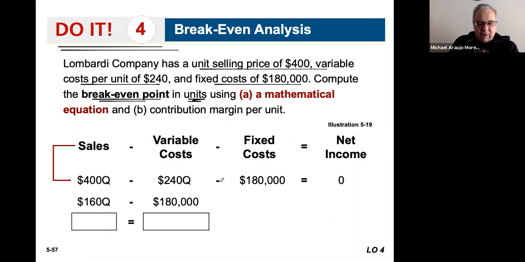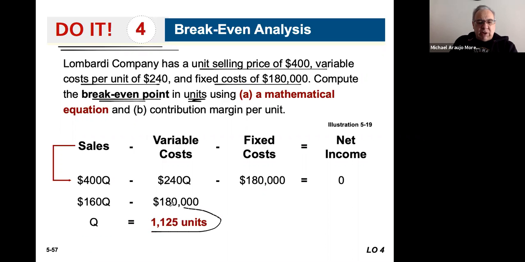Should be equal, right? So there's something wrong with the slide here, but nonetheless, that means that when you divide it, you'll need to produce 1,125 units. Again, units, in order to break even. That's using this mathematical equation of isolating Q, even though it's hard to isolate Q. Like I said, I like Q, in order to get the units.